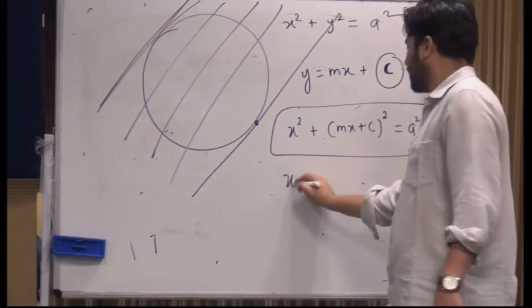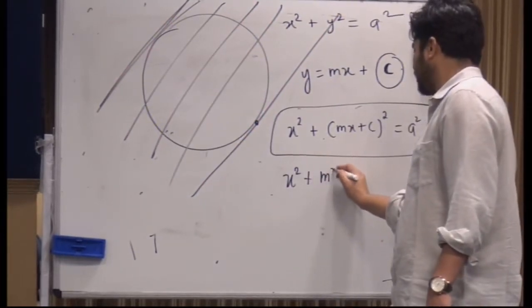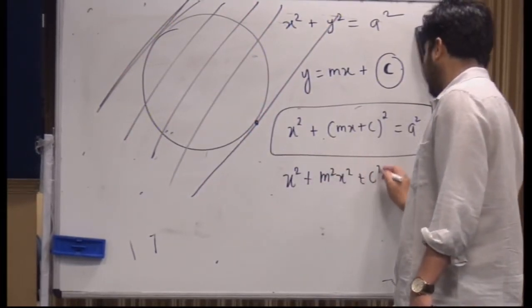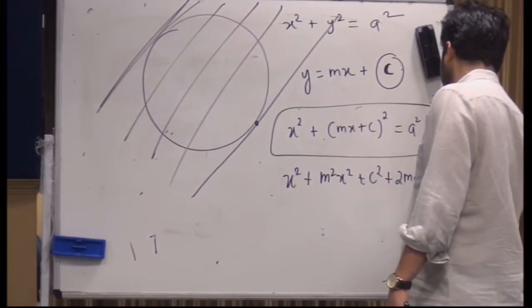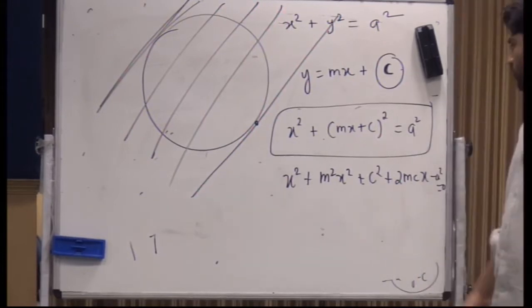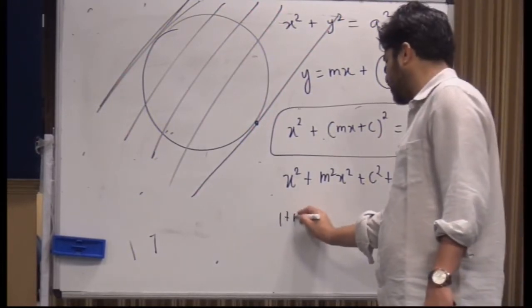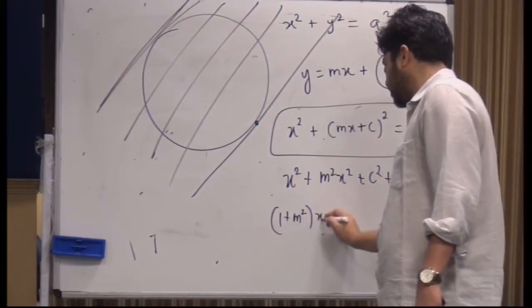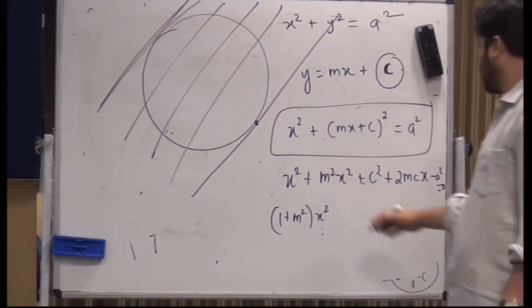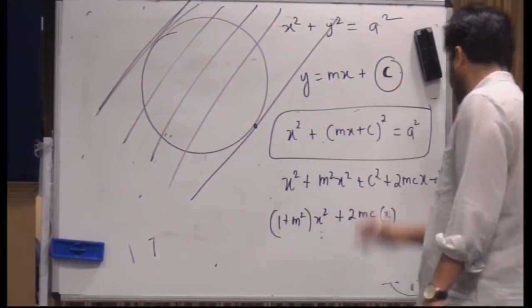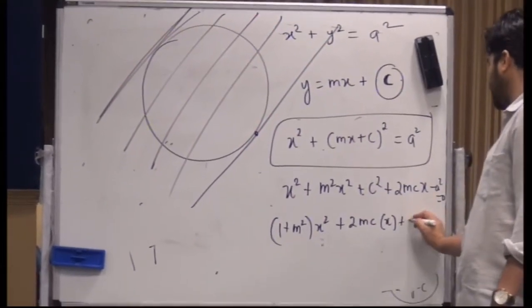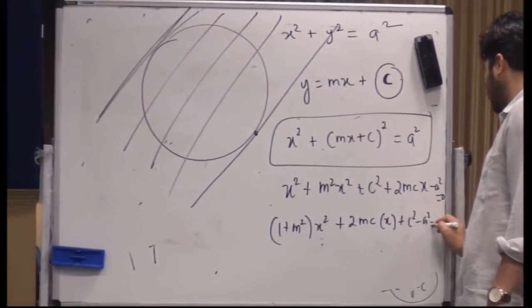What you'll get: x square plus m square x square plus c square plus 2mcx minus a square is equal to 0. So if I rearrange, I get (1 plus m square) into x square plus 2mc into x plus c square minus a square.